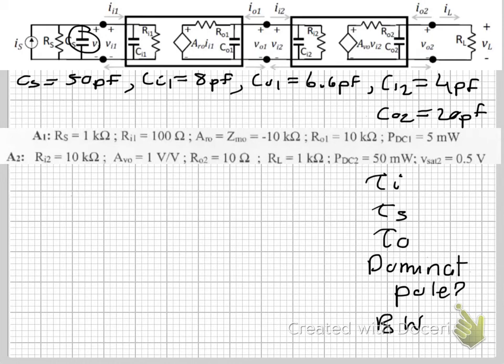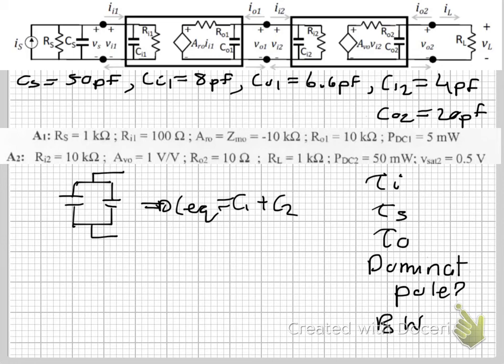When capacitors are in parallel, they add up, C1 plus C2, right? And the equivalent resistance seen between this node would be this one in parallel with that one.